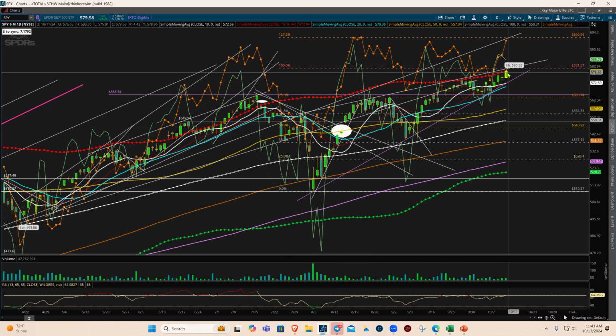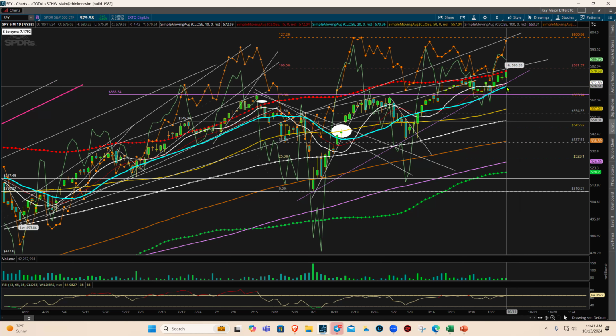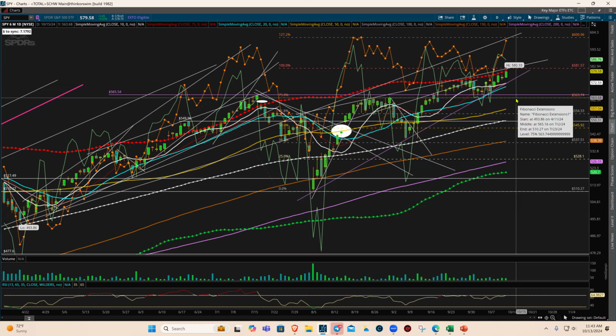Not that that's necessarily bad at the moment, but if these things break, and at this point you'd probably have to say it would break that line I just made blue that's now purple, which is just about the 20 SMA, if somehow this failed to continue very much and then broke down, that could be pretty devastating. I've seen a lot of ascending wedges just absolutely lead to technical destruction.